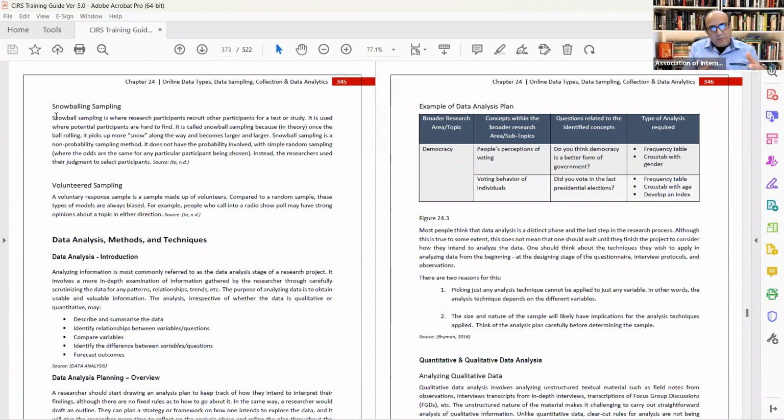Especially in difficult situations where it's hard to get participants, especially in new drug trials. That's a good example. People are a little bit reluctant, and it's hard to find the right people. Anyway, that's probability sampling and non-probability sampling, which we have covered.